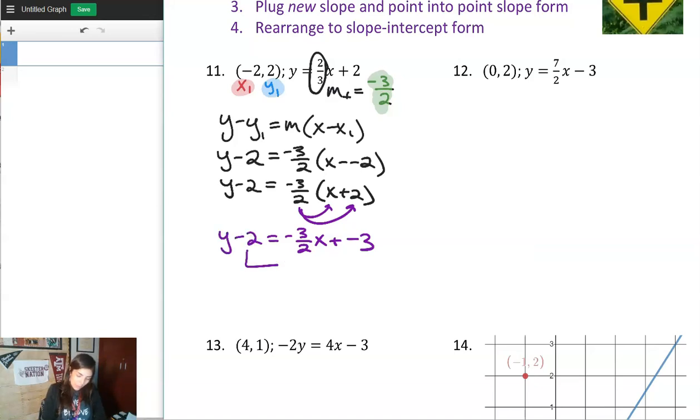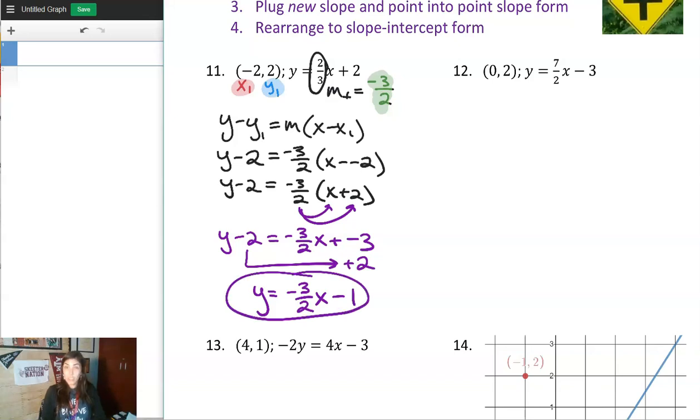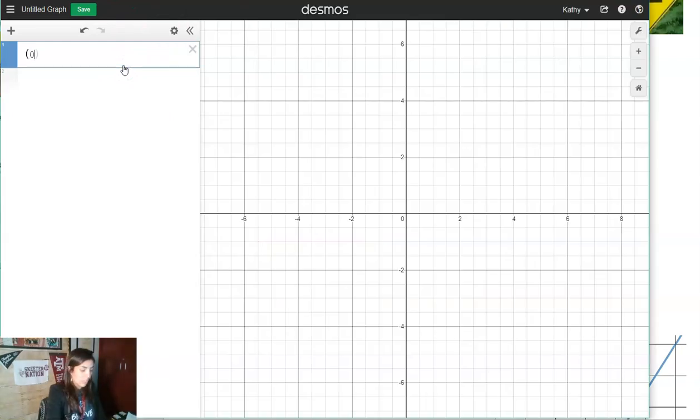And then we're going to bring that negative 2 over, crossing the line, we're going to change the sign. So we think that y = -3/2 x - 1, negative 3 plus 2 is minus 1, is the equation that when graphed will go through the coordinate point (-2, 2), and will be perpendicular to that original line. So let's visually check and make sure. Here's my coordinate of (-2, 2).